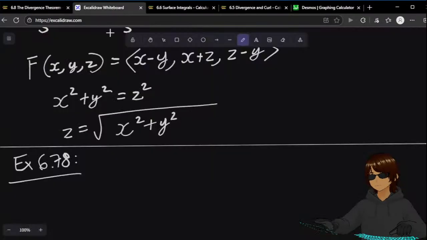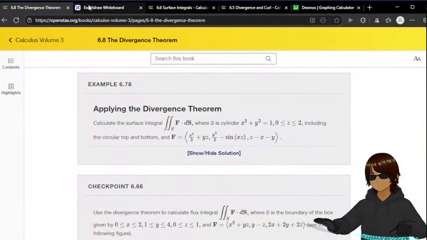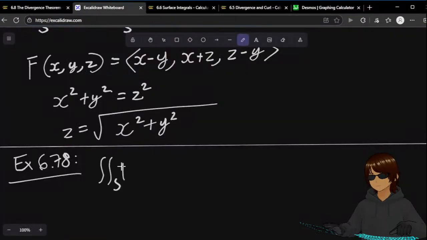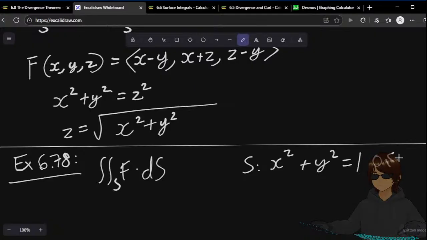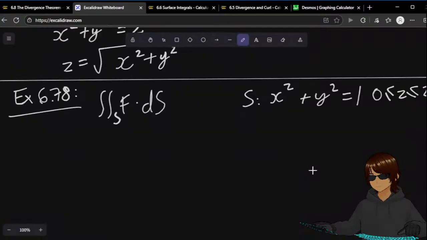S is a cylinder, so they want this, and S is described by x squared plus y squared equals 1, from 0 to 2. The radius is 1, right?